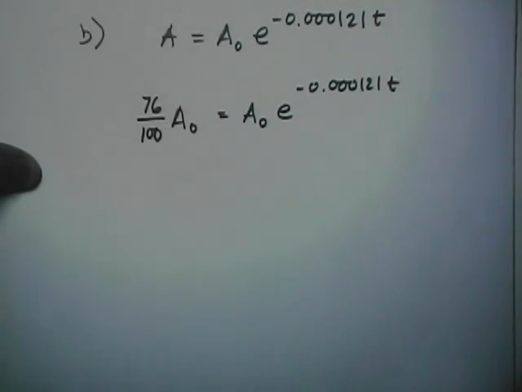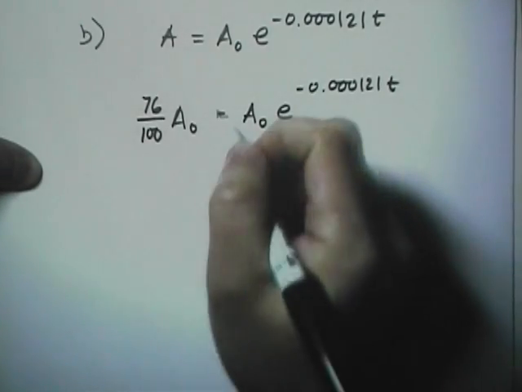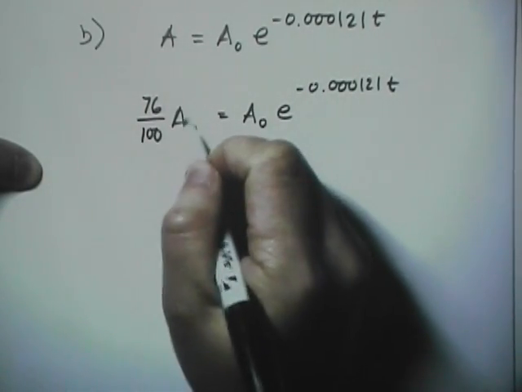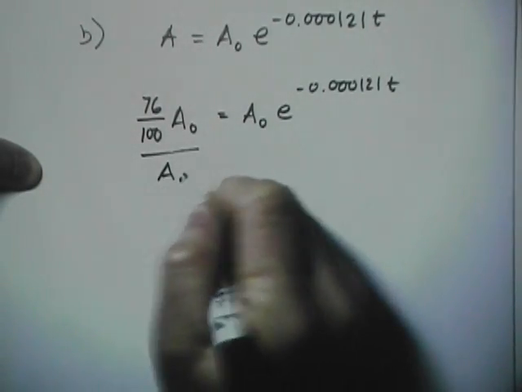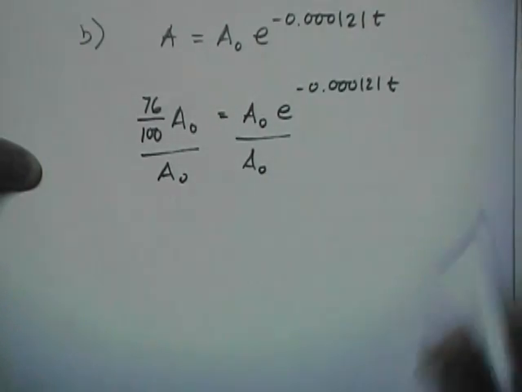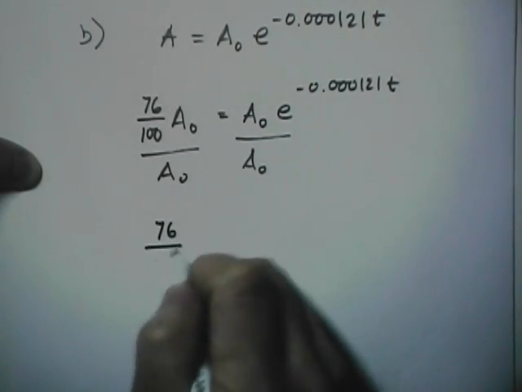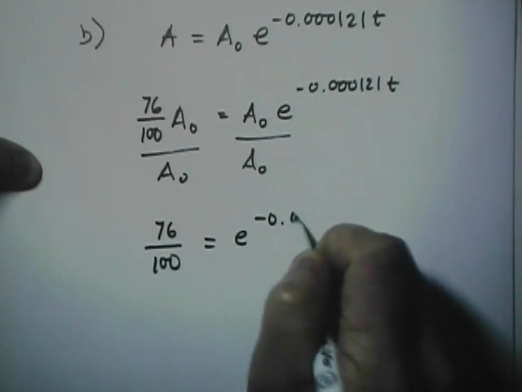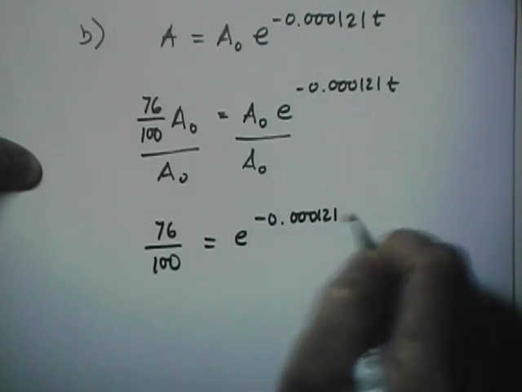Now we have a common factor of A sub 0 on both sides. We can simply divide both sides by A sub 0 and cancel it out. What I have left is 76 over 100 equals e to the minus 0.000121 t.